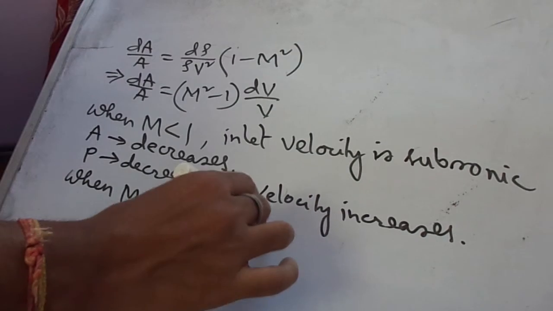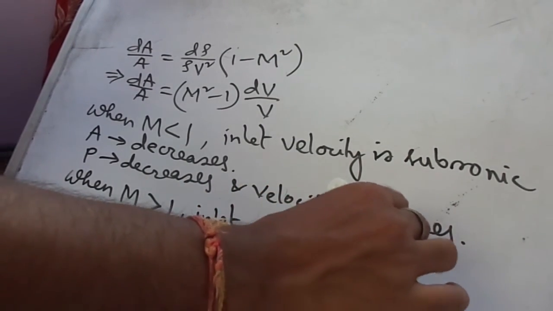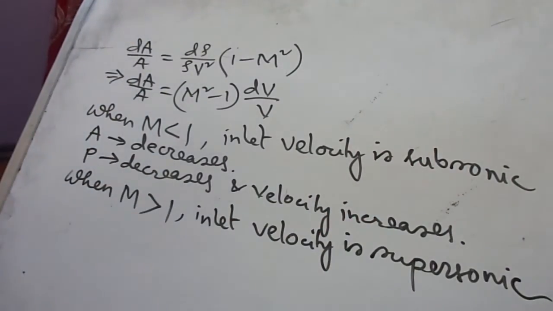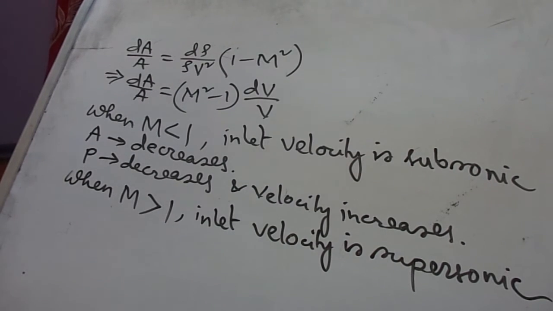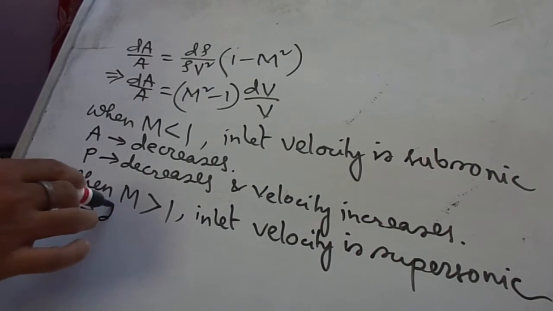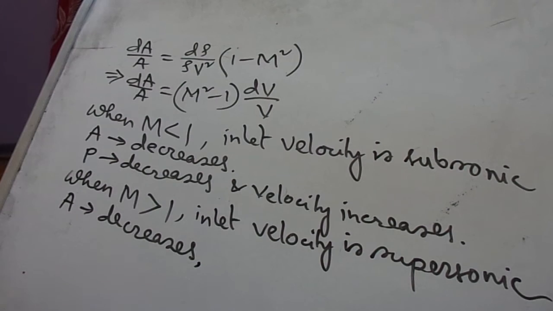As the flow area A decreases, pressure increases and velocity decreases.